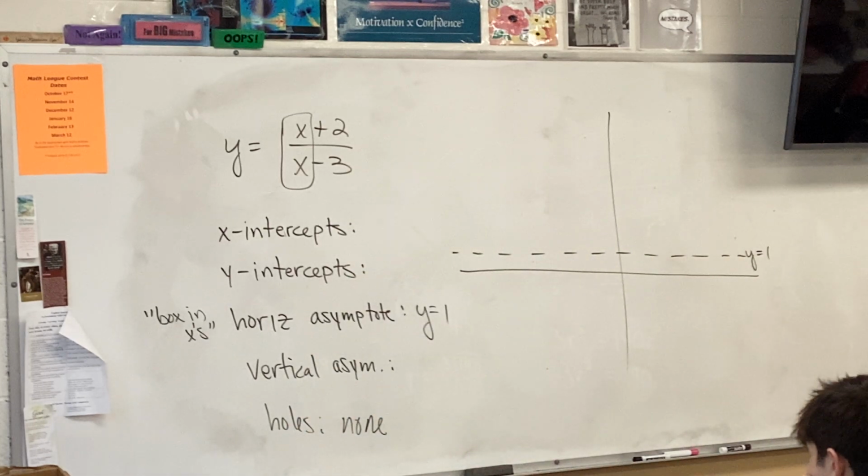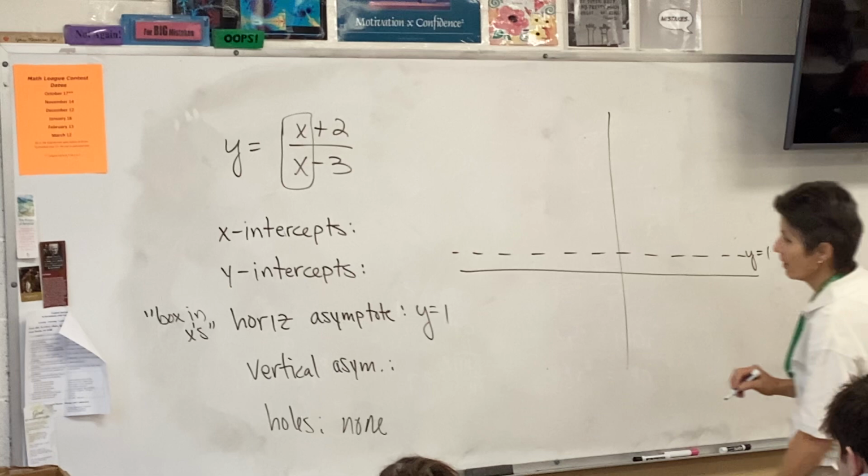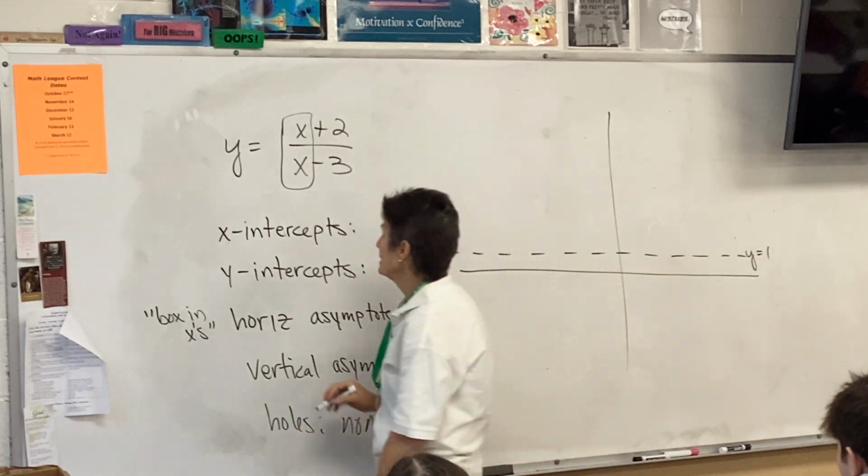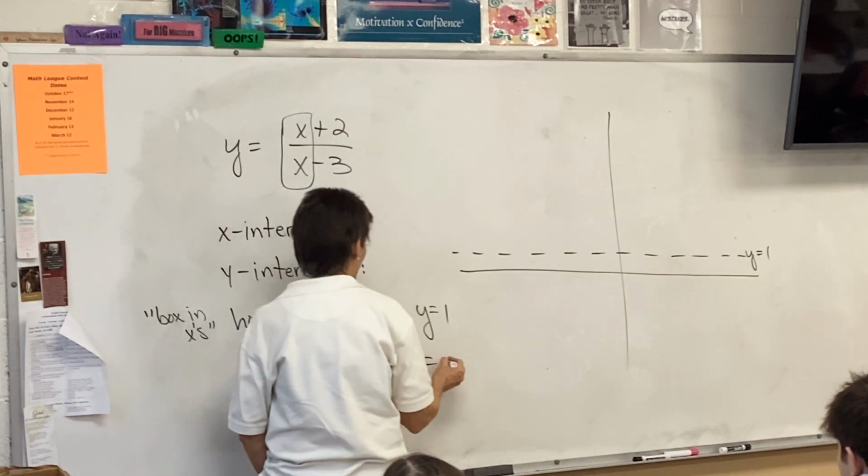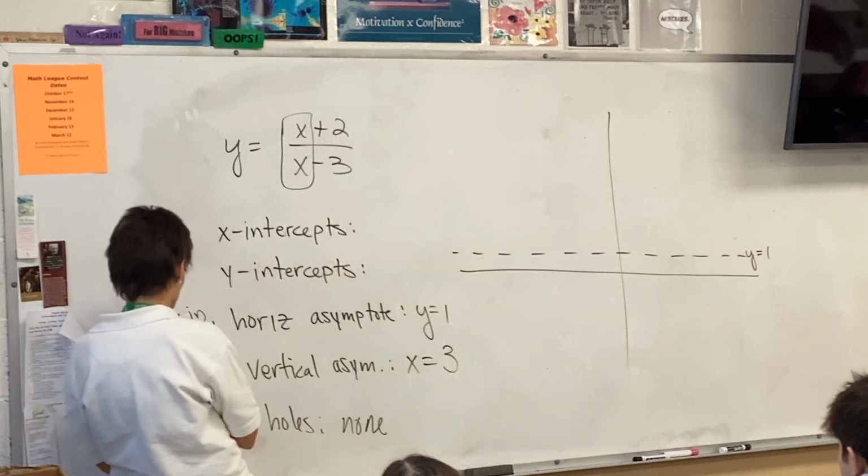Okay, anybody remember anything about a vertical asymptote? No one remembers? Vertical asymptotes are cannot be's. In this problem, x cannot be 3.